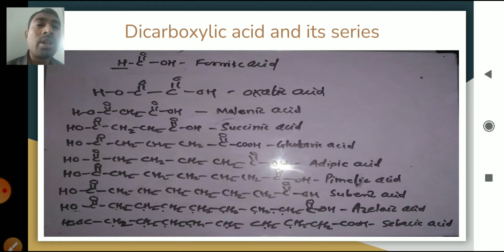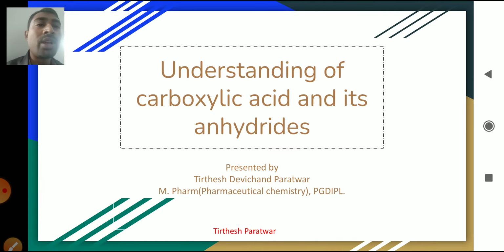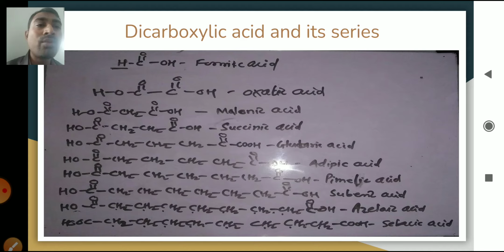After that, we introduce one more methylene group in the glutaric acid chain, in between the two COOH groups, and that is converted into adipic acid, which has four CH2 groups in between the two carboxylic acid groups.